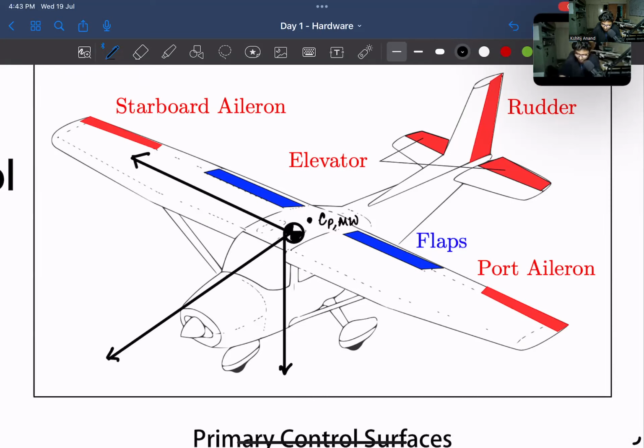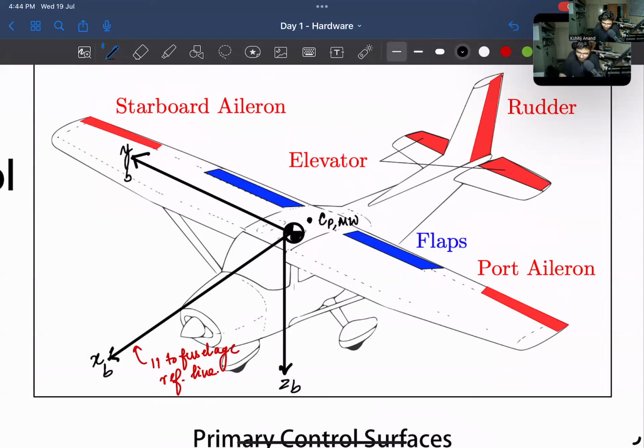So this axis is called the x-axis, this axis is called the y-axis, and this is called the z-axis. And we denote it with small b. This is all flight dynamics terminology. So this one is parallel to the fuselage reference line. In special cases it may not be, but generally it is.